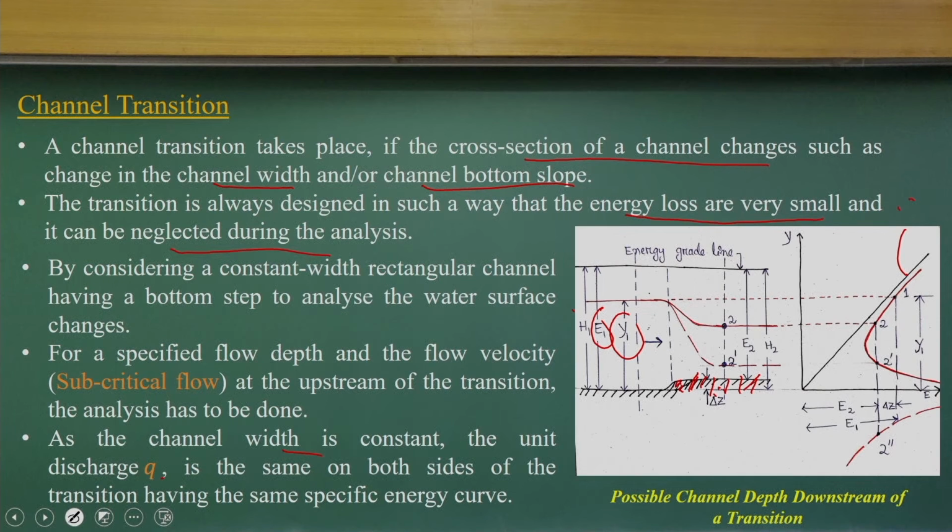and we are drawing the specific energy curve for that. For Q constant, we can draw the specific energy curve. That means if section 1 is here, then what are we actually computing?